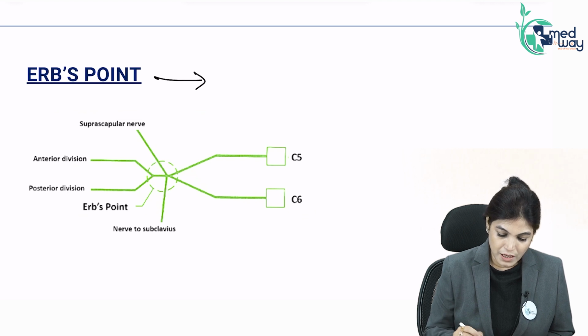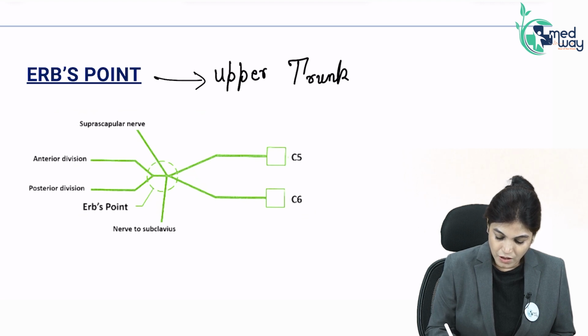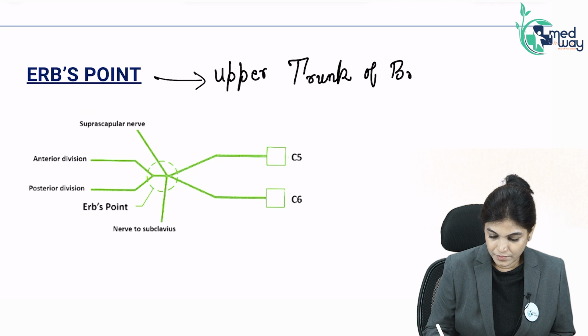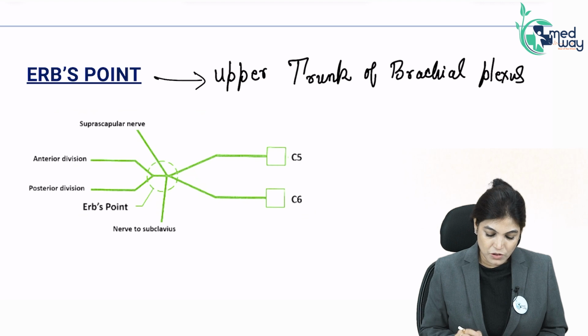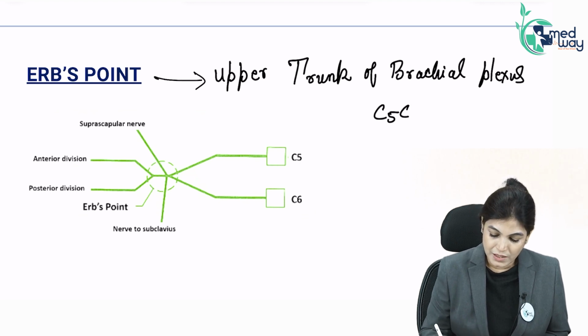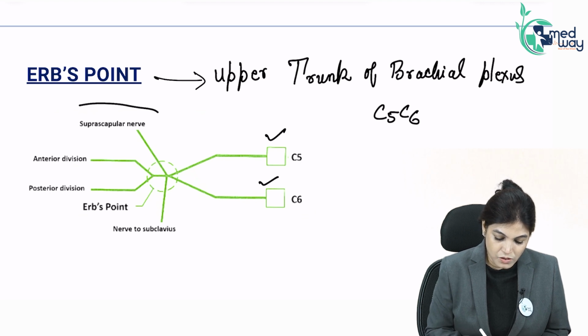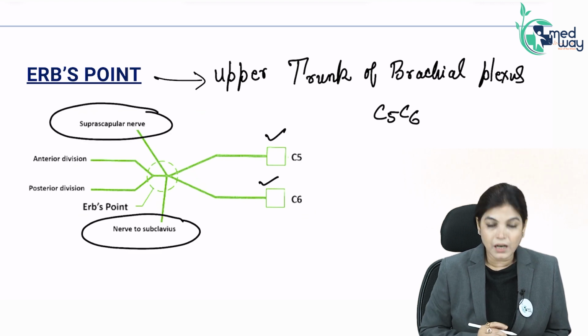So, Erb's point is located at the level of the upper trunk of brachial plexus. At the location of the upper trunk, as we know, it is formed by nerve roots C5 and C6. So that means C5, C6, and also we know branches are given from the upper trunk.